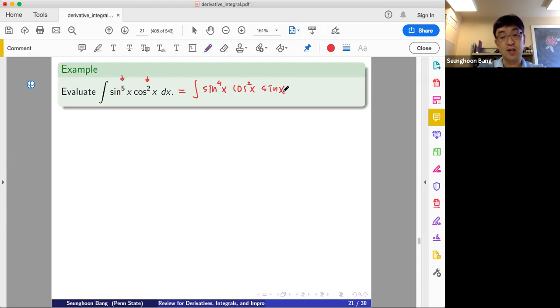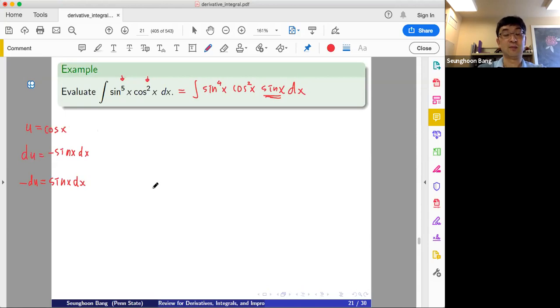Step 2, you can use u substitution. You can save the sine function, u equals cosine of x. So du is the derivative of cosine, negative sine x dx. Multiply both sides by negative 1: negative du equals sine x dx.